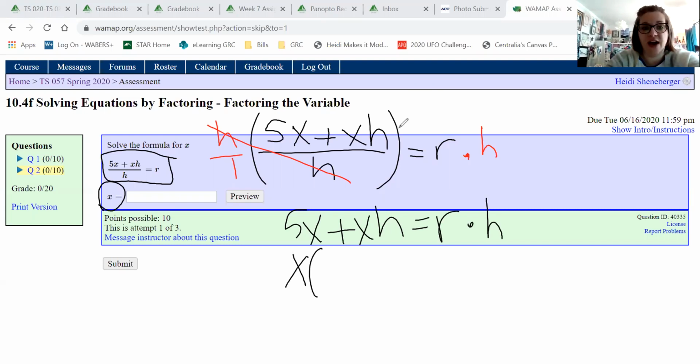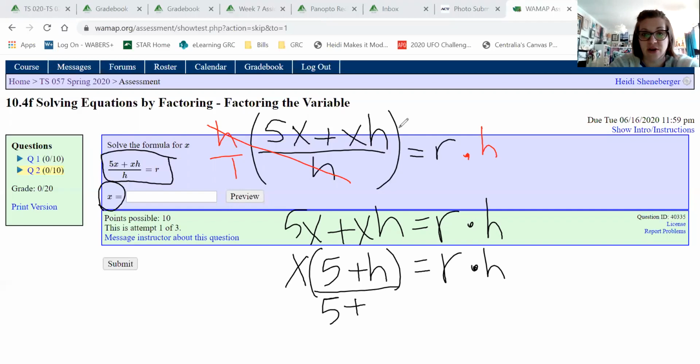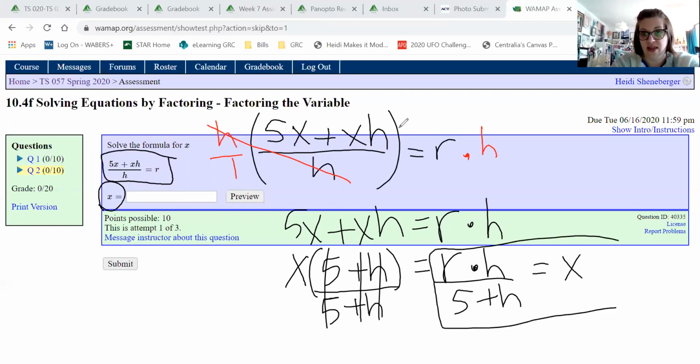And now I can factor that x out of this thing. So I took the x out of both of those because that was the factor they had in common. So now it's x times 5 plus h equals r times h. And then I want that x by itself because that's what I'm solving for. That's going to cancel all of that stuff. So x is going to equal that big old mess of a thing.